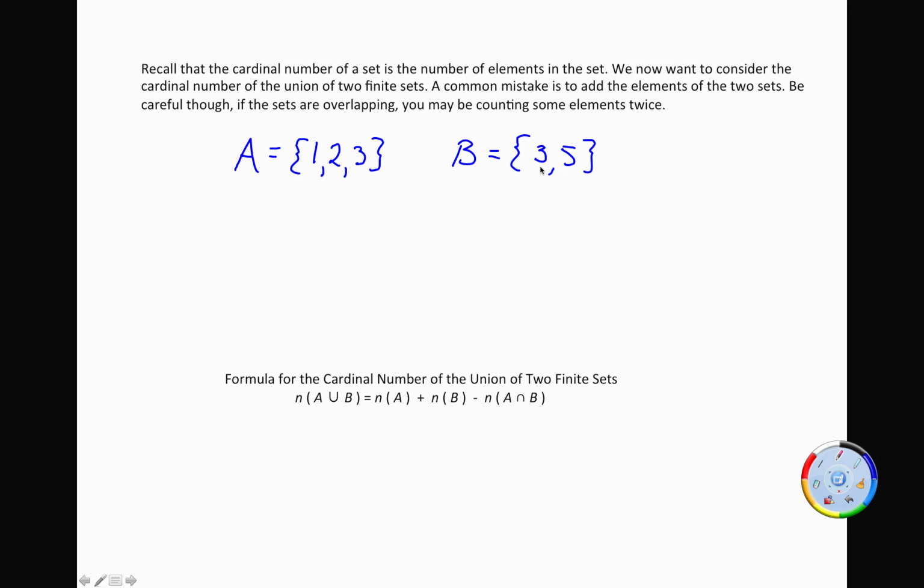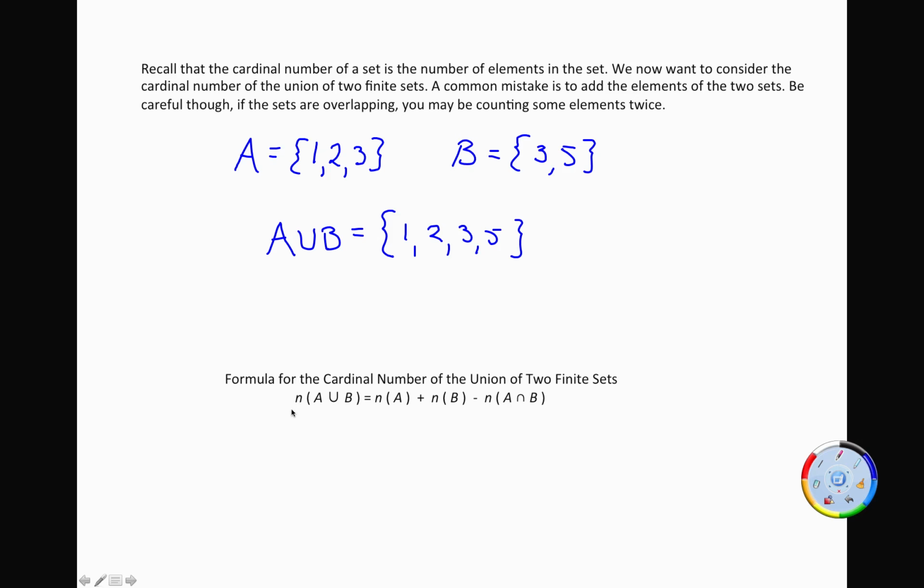And I want to know how many elements are in A or B. Well, recall when we're listing the elements, we don't list them twice in a set. So really 1, 2, 3, and 5 are the elements in A or B. The cardinal number is 4, not 5, because I counted this 3 here twice.